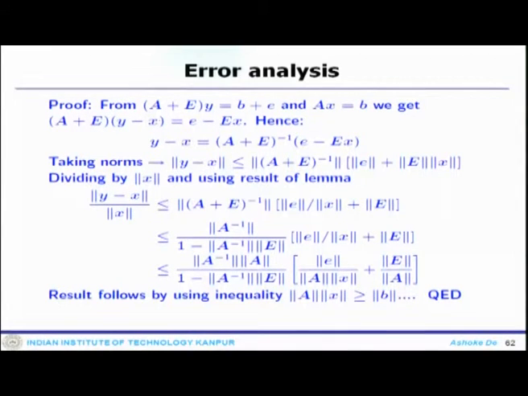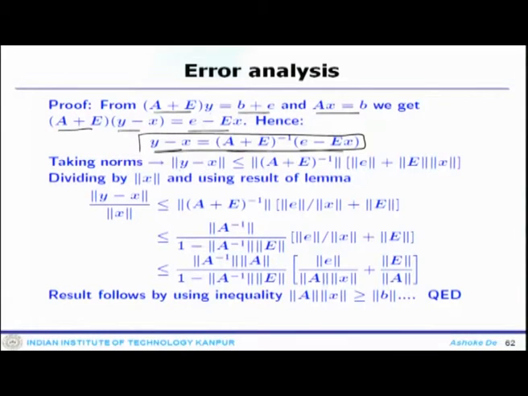So, you consider A plus E y equals B plus epsilon and A x equals B. What we get when you write A plus E times y minus x equals epsilon minus E x, hence y minus x equals A plus E inverse times epsilon minus E x. So, that is what you get for this.